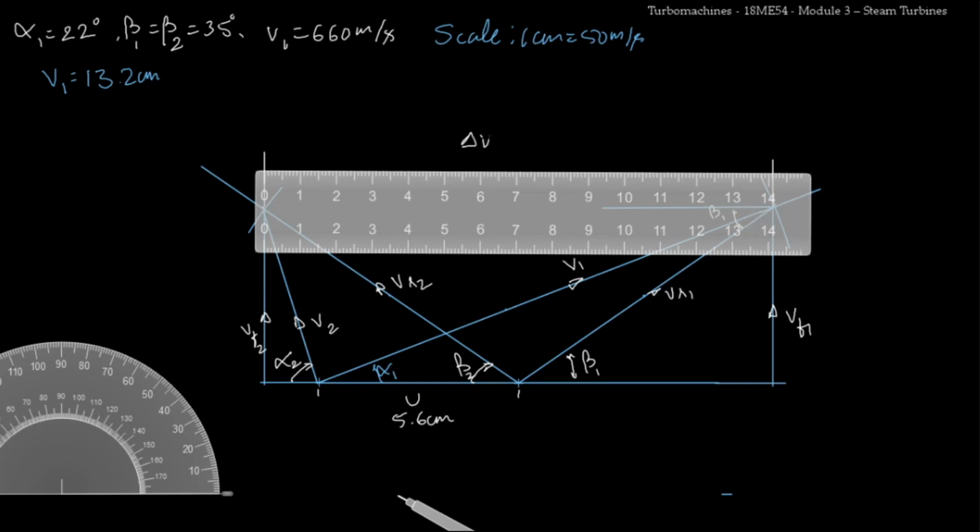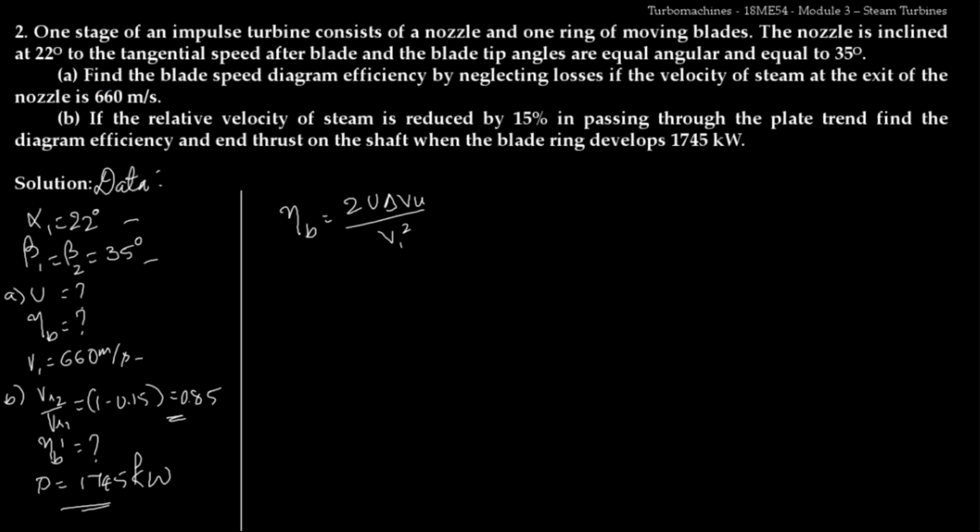So delta VU is around 14.1 centimeter. That's all we need for our problem. I know the length of U as 5.6 centimeter, so I can calculate U here.